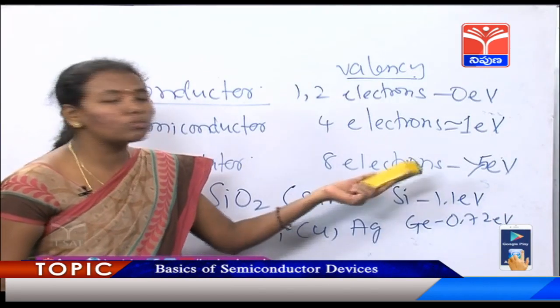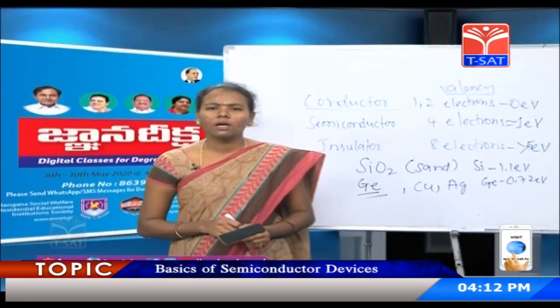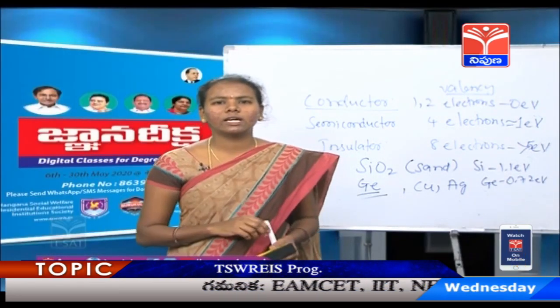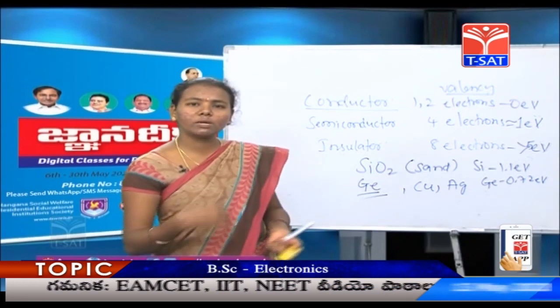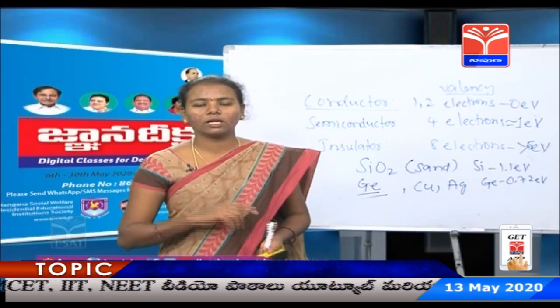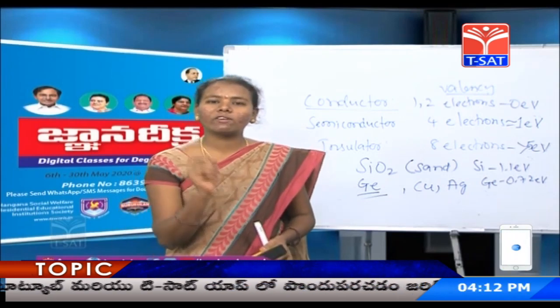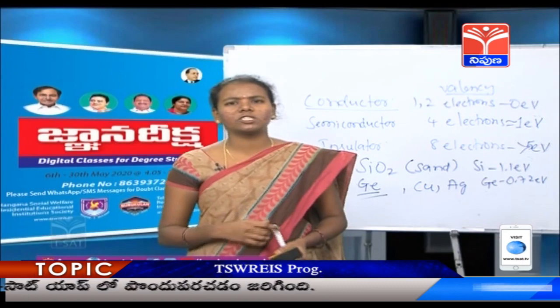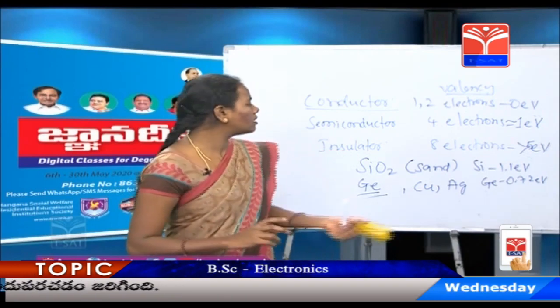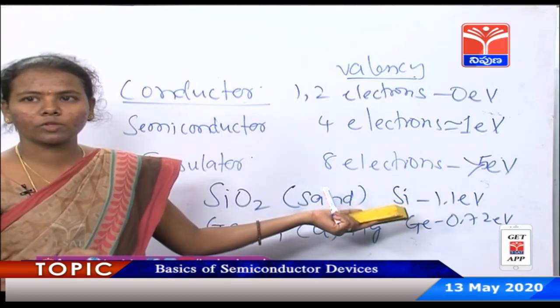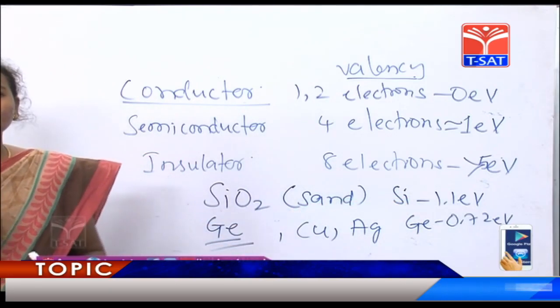For higher and lower temperatures, the properties of germanium will change, whereas silicon will not react that much to temperature. So that is why we use silicon.